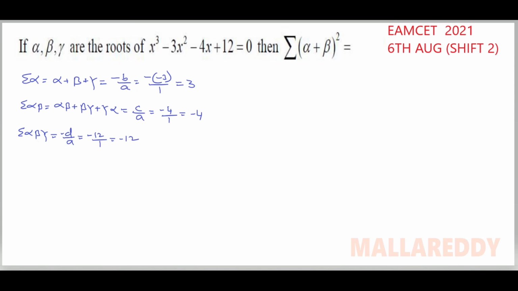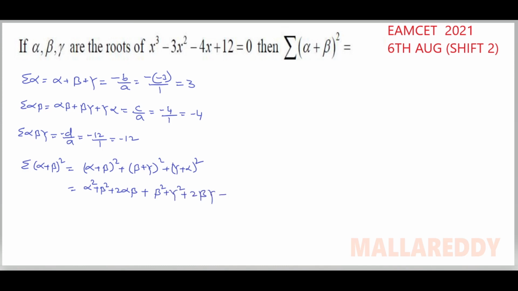And now we find the value of sigma of (alpha + beta) whole square, that is equal to (alpha + beta)² + (beta + gamma)² + (gamma + alpha)². Expanding, (alpha + beta)² is alpha² + beta² + 2 alpha beta, (beta + gamma)² is beta² + gamma² + 2 beta gamma, and (gamma + alpha)² is gamma² + alpha² + 2 gamma alpha.